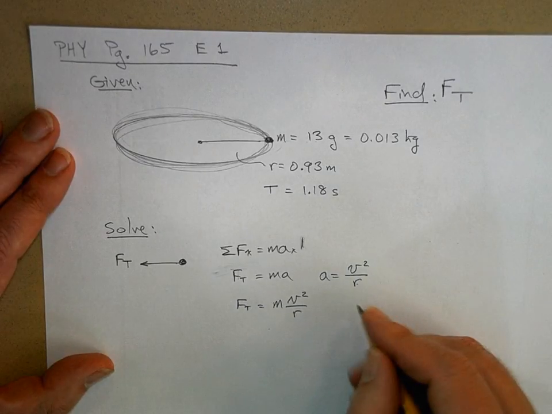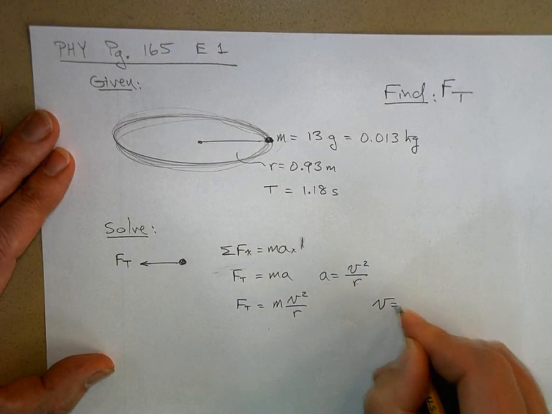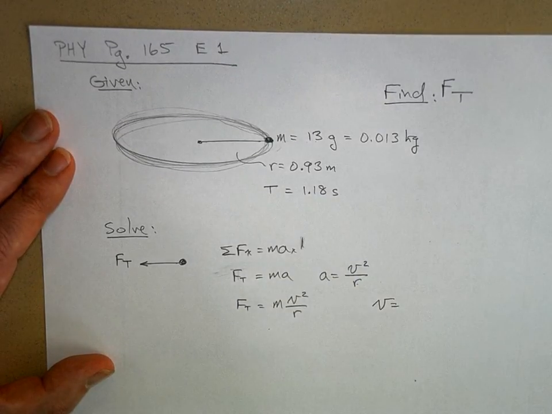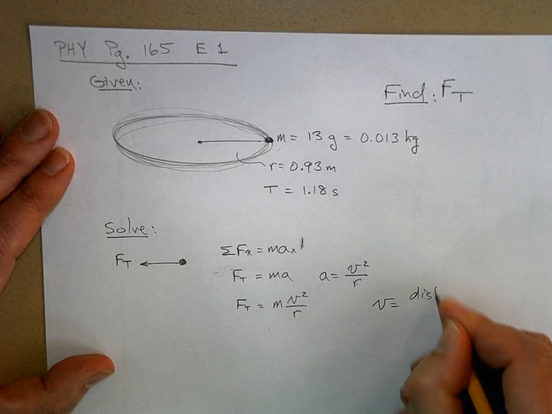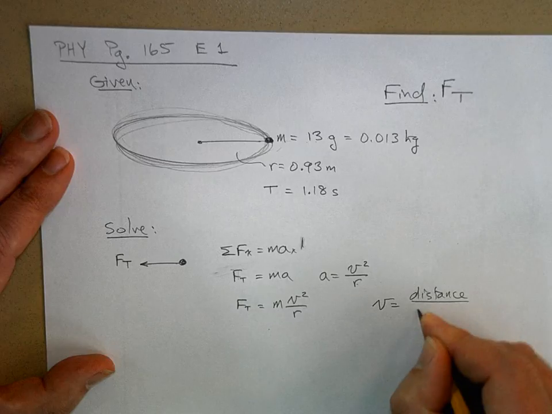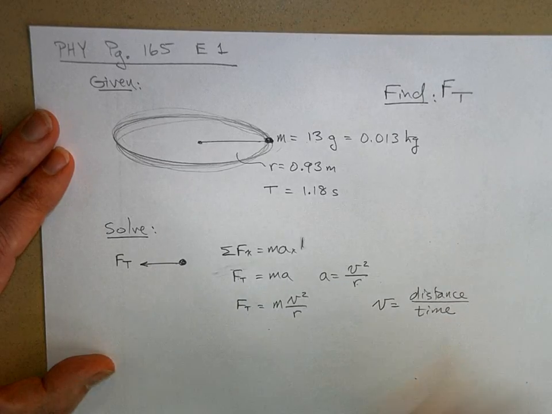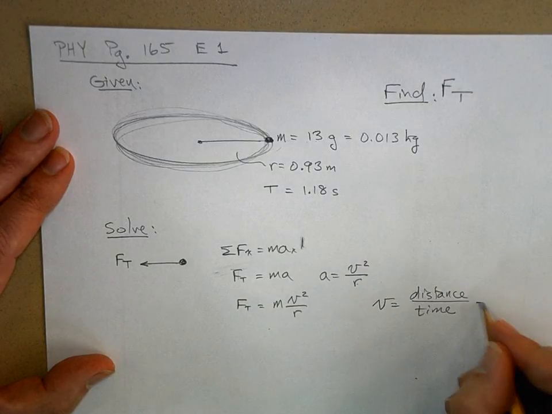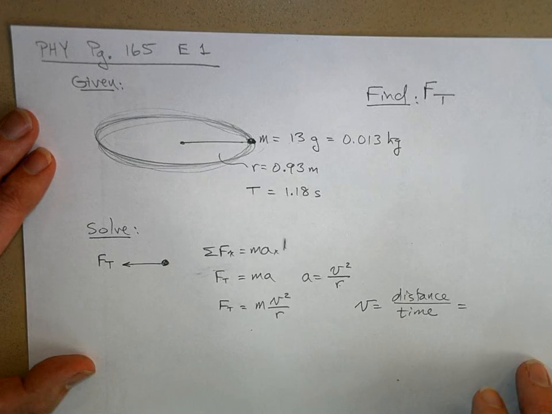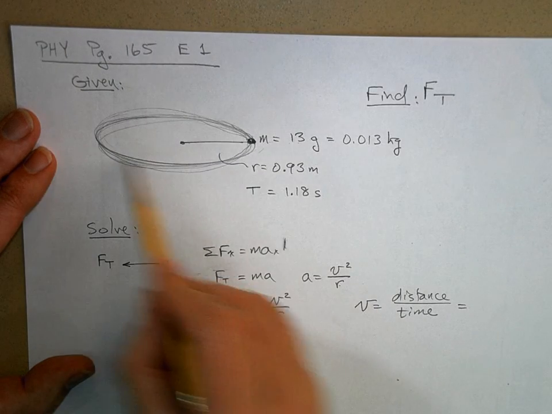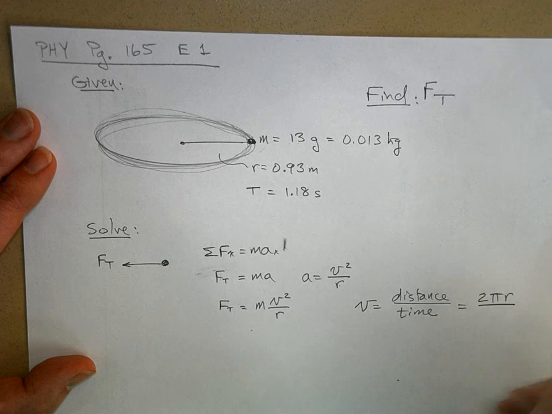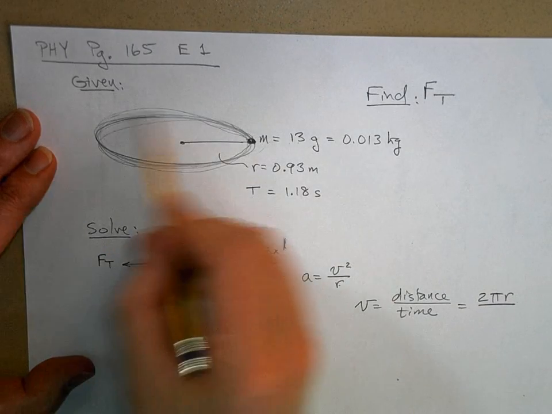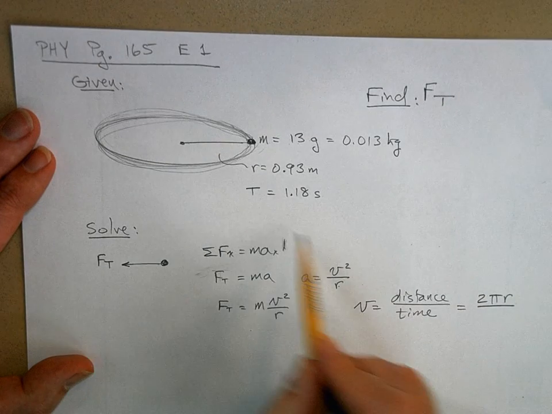So speed is distance over time. The distance this thing travels is the circumference of a circle, 2 pi r, over the time it takes to go around once. We define that to be the period.